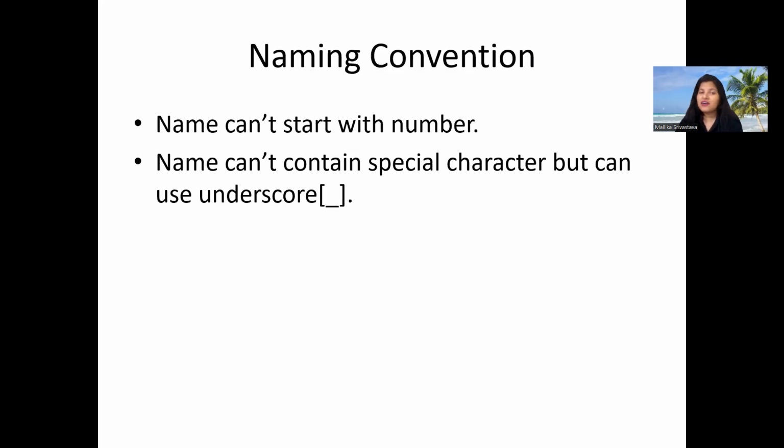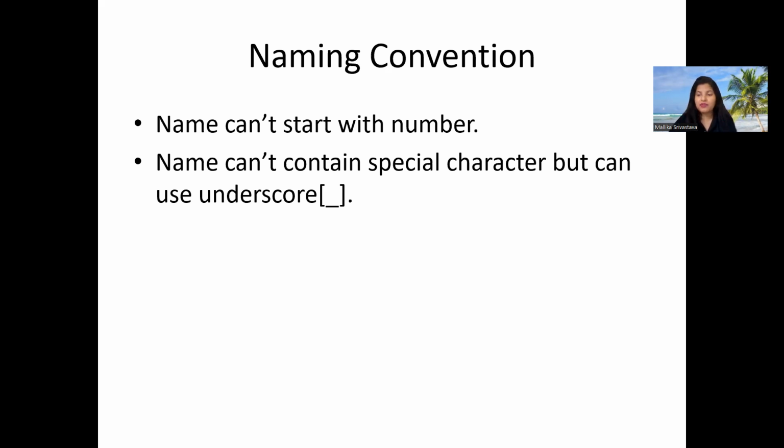That means if you are putting a name for a variable or for a class or a function, you cannot use any special character like dollar or hash, but you can use underscore. So these are the things which we need to follow when putting a name. It is the naming convention in Python.